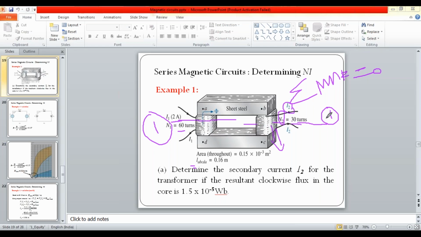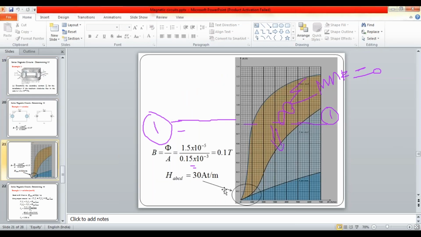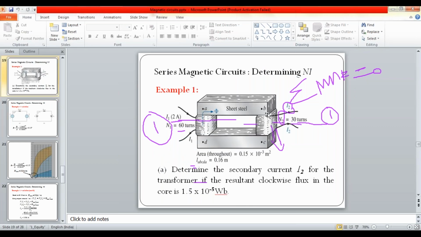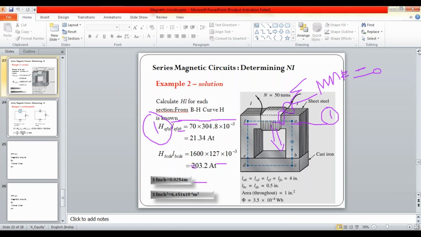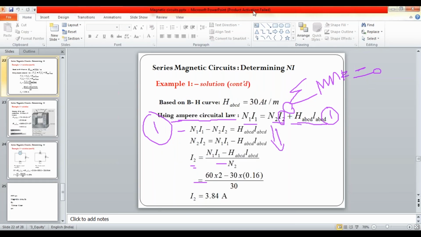The H value I have calculated here as 30, and the L value, the mean length of the magnetic circuit, is also given in this problem as 0.16 meters. So substituting all this, we can calculate the I2 value.